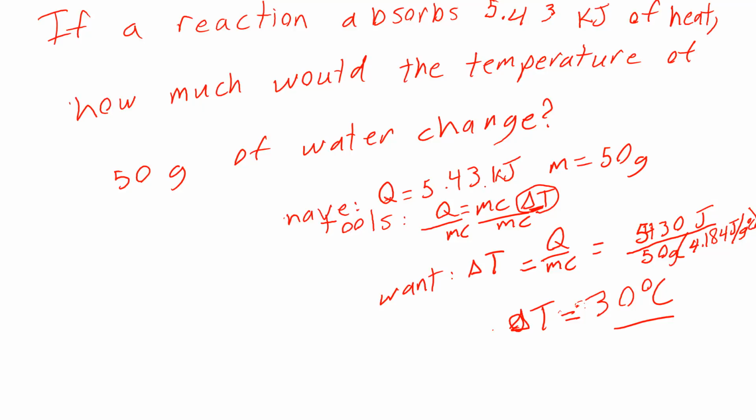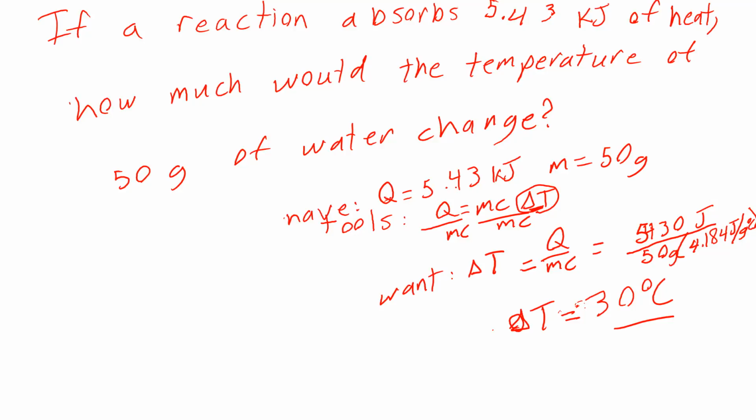The reaction is gaining because it's absorbing that energy, but the water would be losing that temperature, right? So if your reaction is being carried out in water and it absorbs heat, what you're going to feel is that your water decreases by 30 degrees Celsius.